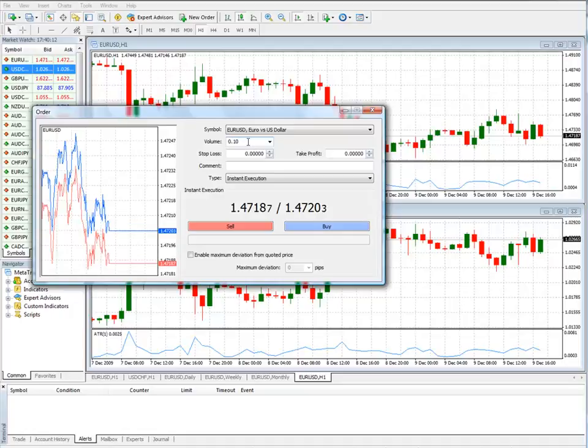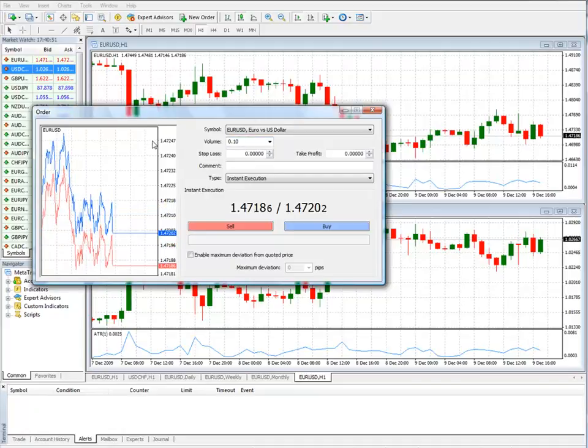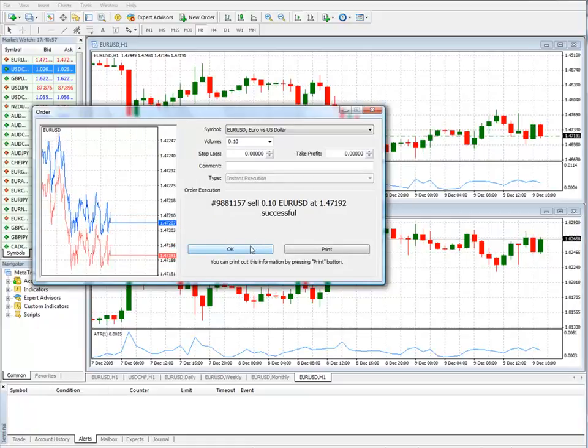I'm going to sell the euro dollar US dollar. Okay, and I'll just give you an example of how this can work.